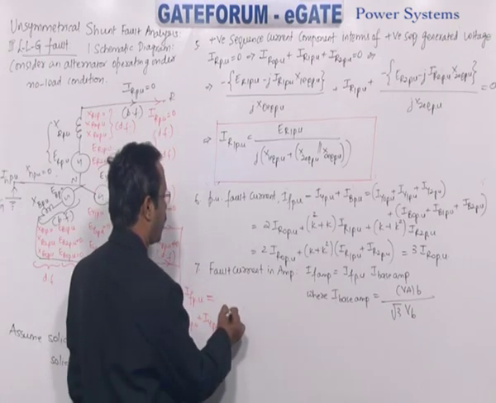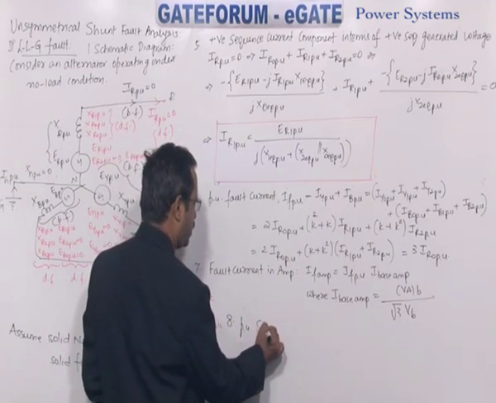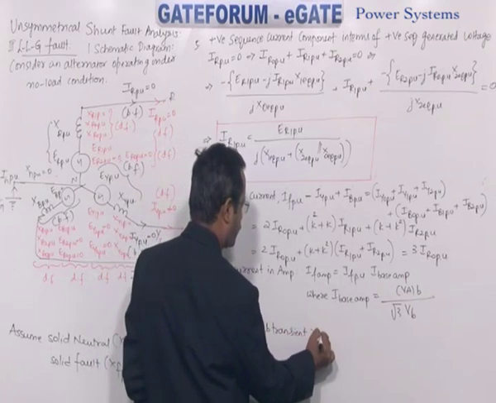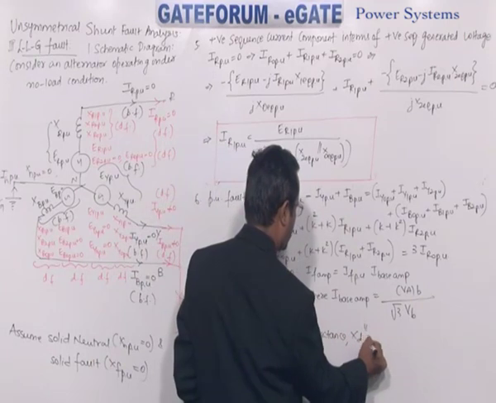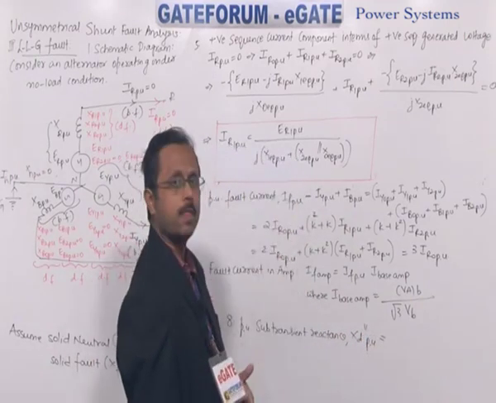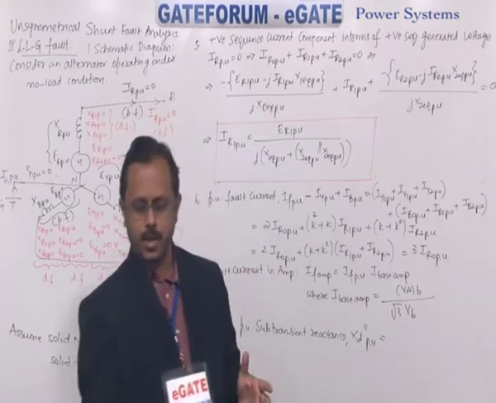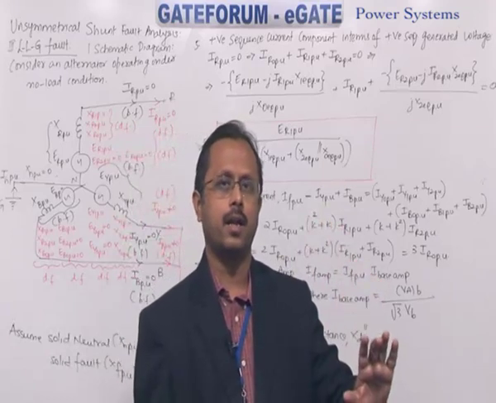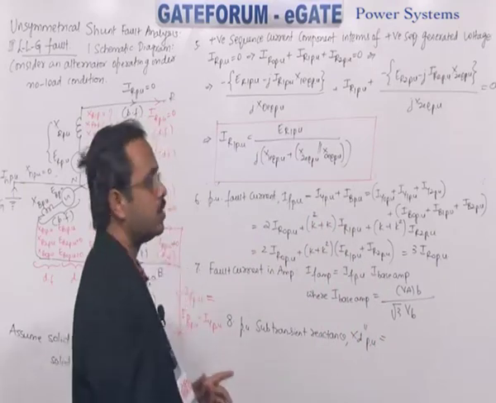Now we find the per unit subtransient reactance, Xd double dash per unit. Observe the equation now. You know the definition of Xd double dash per unit: the reactance offered by the alternator immediately after occurrence of the fault.